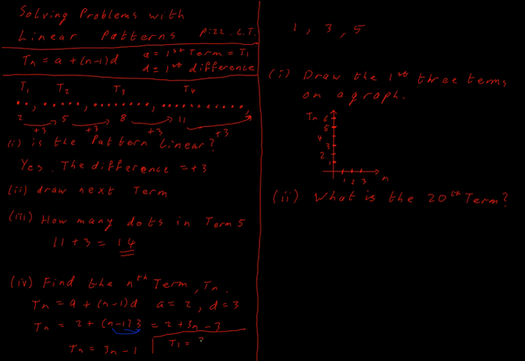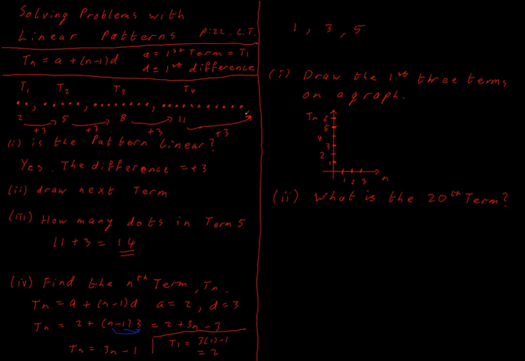That would be 3 by 1 minus 1 would be equal to 2. And I know that that's true. The first term is 2. And if I sub in any value of n I like, it will tell me the number of dots in my particular term. So that's how my formula works.